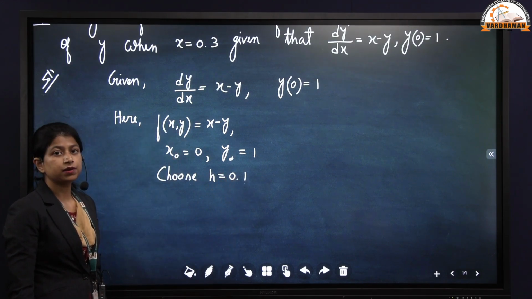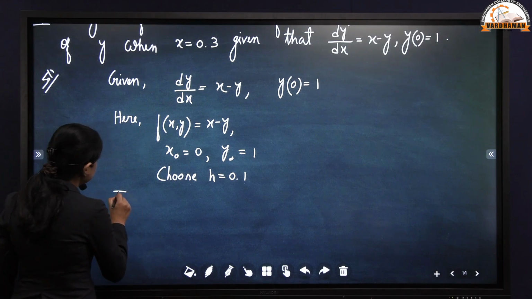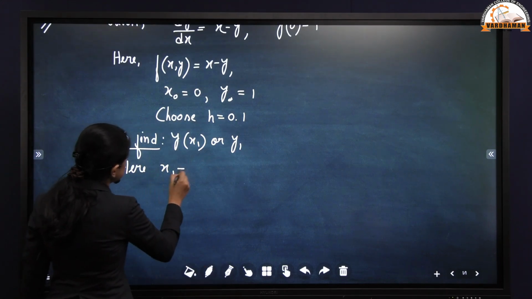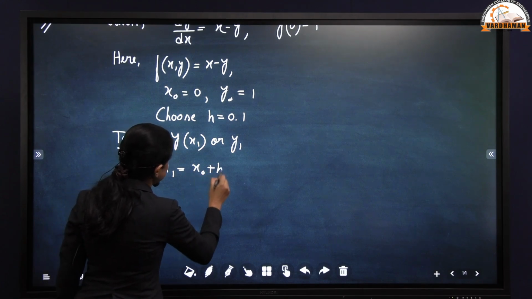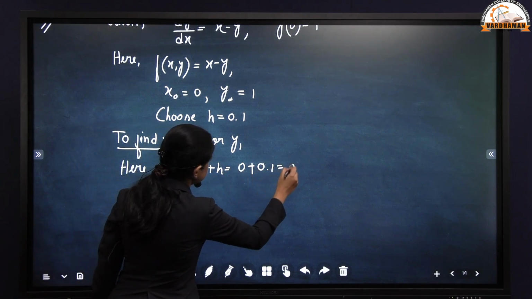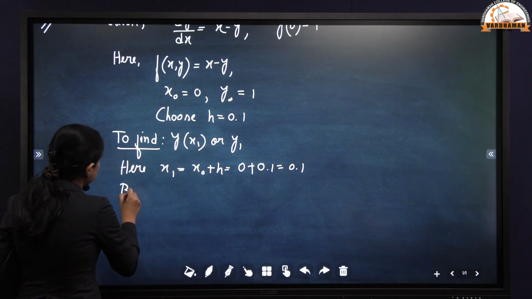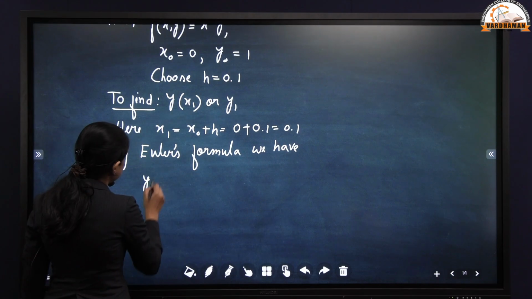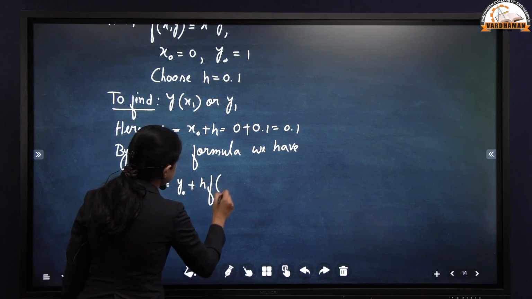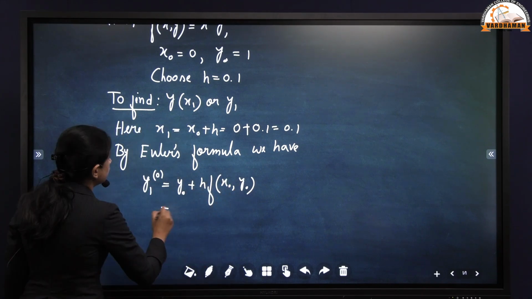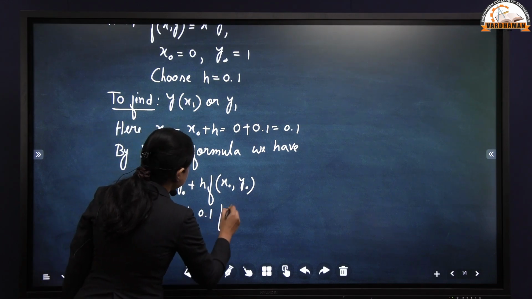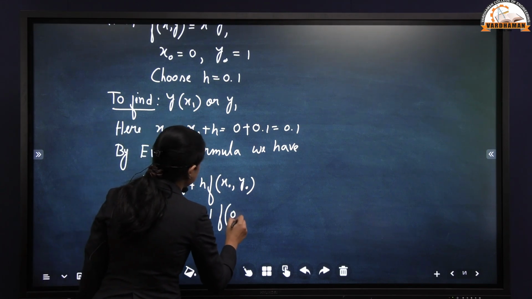Now we need to find y at x1. To find y at x1 or y1, here x1 is equal to x naught plus h. x naught is 0, h is 0.1, so x1 is 0.1. By Euler's formula, we have y1 0, which is equal to y naught plus h into f of x naught comma y naught. y naught is 1 here, so 1 plus 0.1 into f of x naught is 0, y naught is 1.